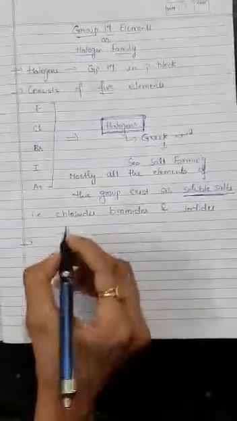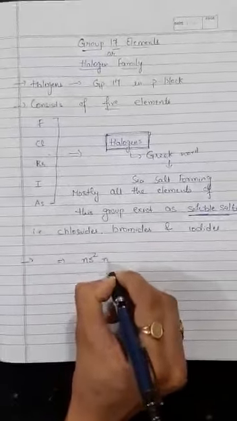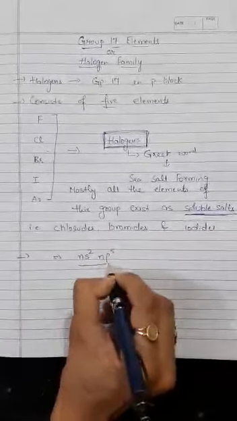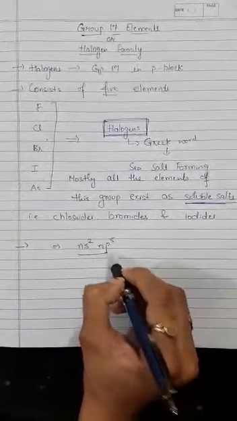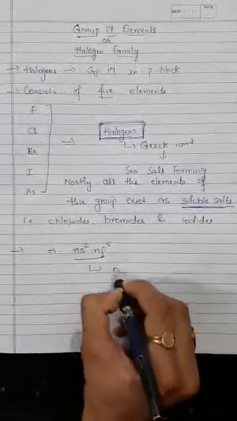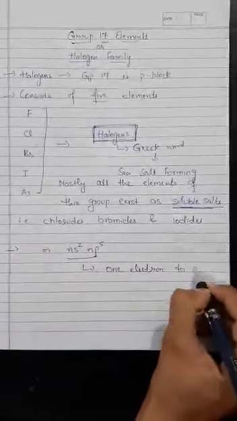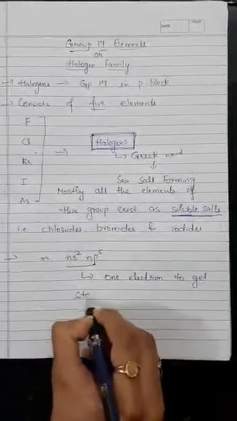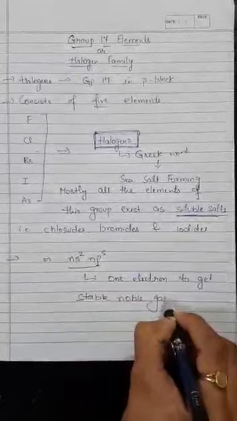And these halogens have the general electronic configuration ns2 np5. That is, in their outermost shell they have 7 electrons and they just require 1 electron to get a stable noble gas configuration.